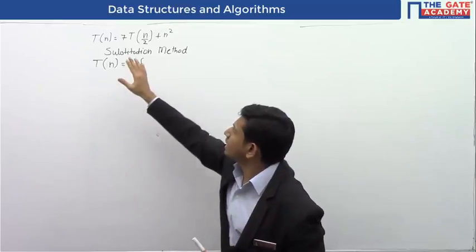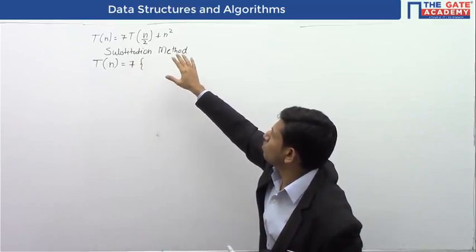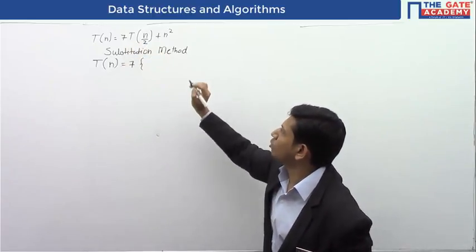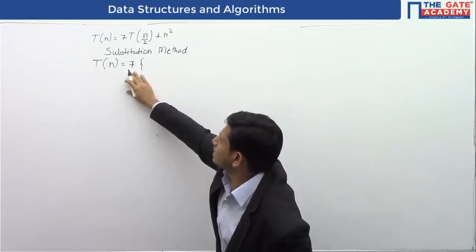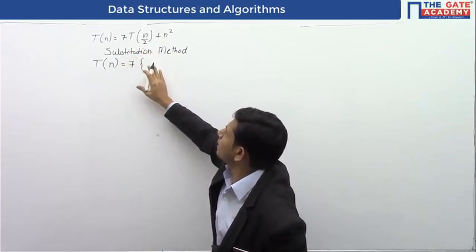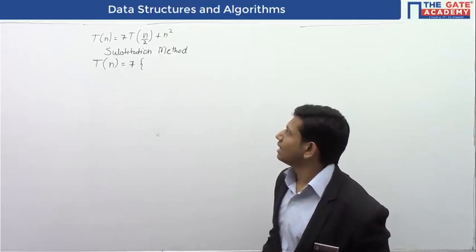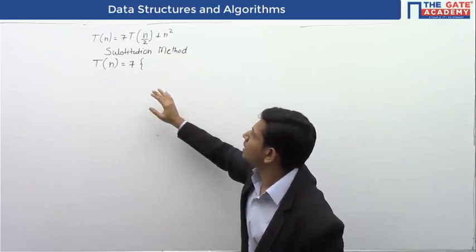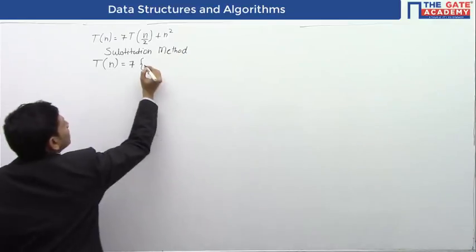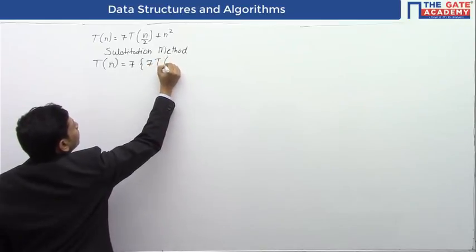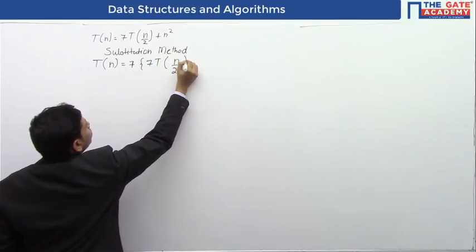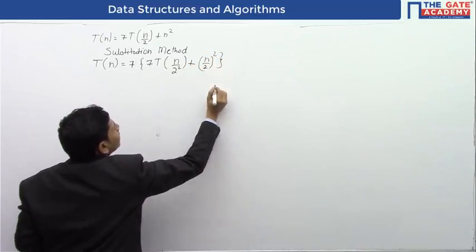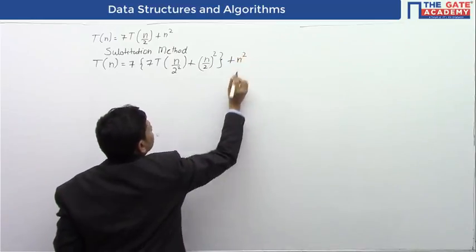Now if T(n) is 7T(n/2) + n square, what will be T(n/2)? T(n/2) will be 7, this 7 is as it is, and we are substituting the value of T(n/2) over here. So what is T(n/2)? If T(n) is 7T(n/2) + n square, then T(n/2) will be 7T(n/2 square) + (n/2) whole square, plus n square.